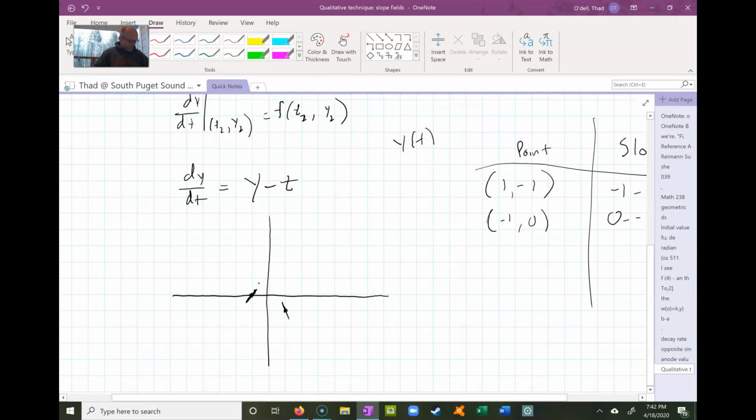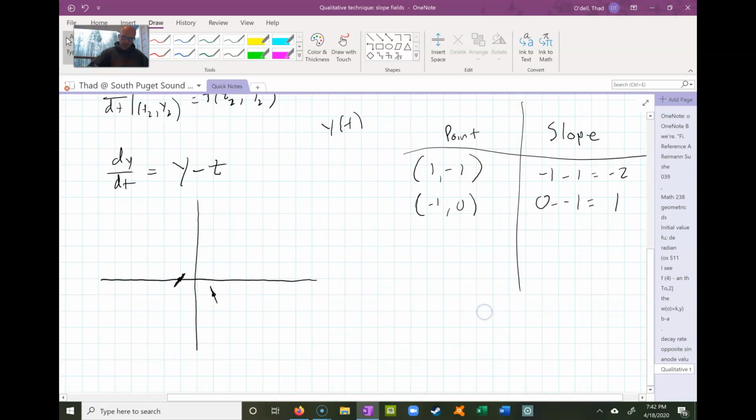All right. And of course we can keep doing this. We'll do one more here in front of the camera. So -1, -1. If I plug that into the equation, I get -1 minus a -1, which would be 0. So at the point -1, -1, the slope is 0, or flat.